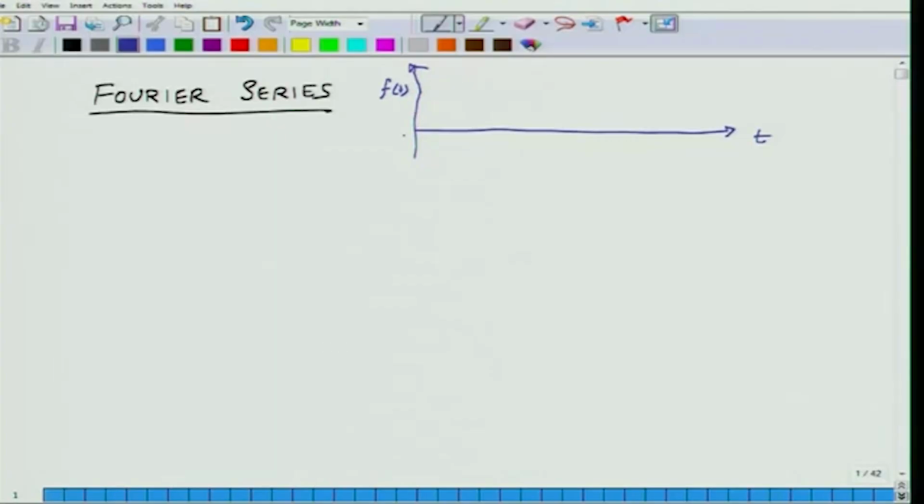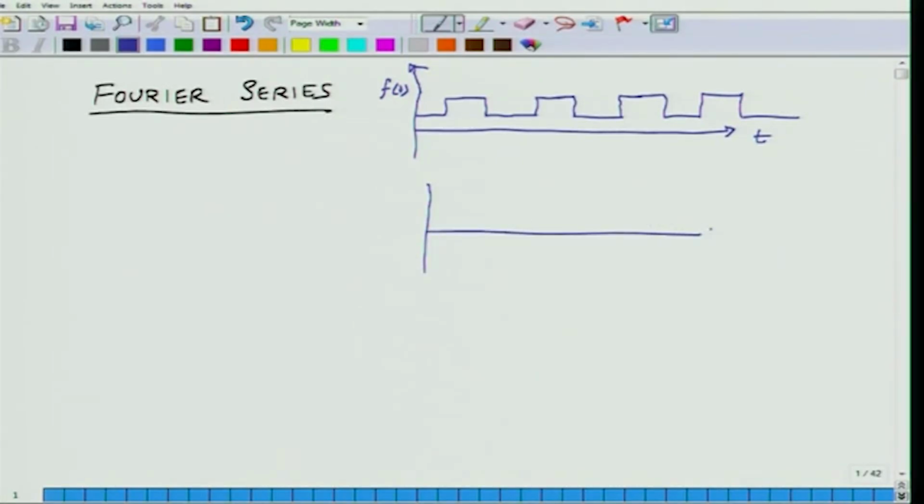Now this function could be a periodic function. For instance, this is a periodic function, or it could be a non-periodic function. So an example of a non-periodic function will be this. There is no repetitiveness in this function.